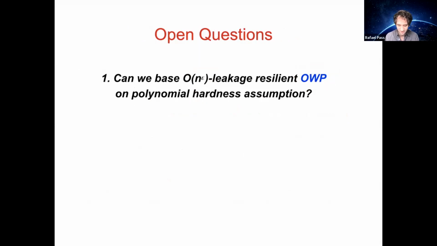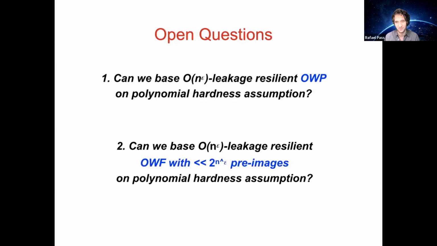More generally, if this question is too hard, maybe we can relax a little bit and focus on one-way functions that have not just one preimage, like in the case of a one-way permutation, but a bounded number of preimages. Such a one-way function, if I evaluate the function on input x, doesn't fully determine x, right? Since I might have 2 to the n to the epsilon preimages, there's still entropy left in x after seeing the evaluation.